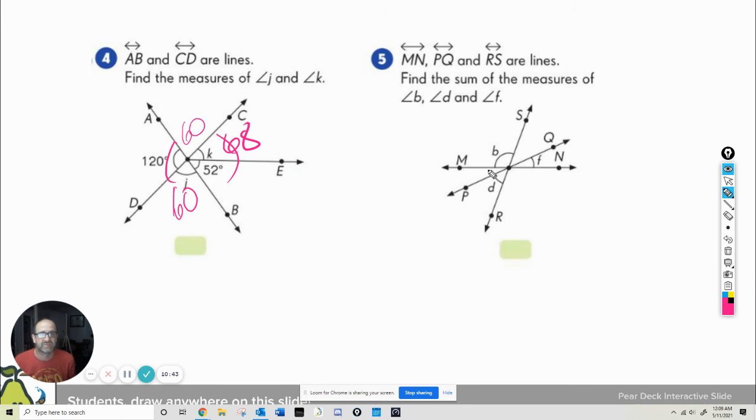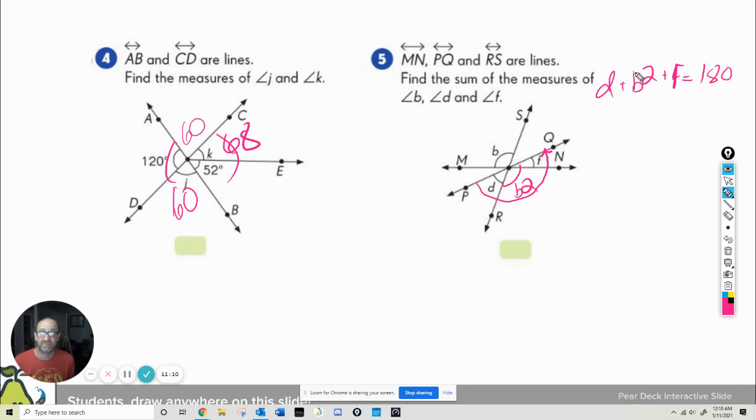Okay, since these three are all lines, angle B is going to equal, we'll call this angle B2, right? So B and B2 are the same, and then I add this plus that, D plus B2 plus F is going to equal what?